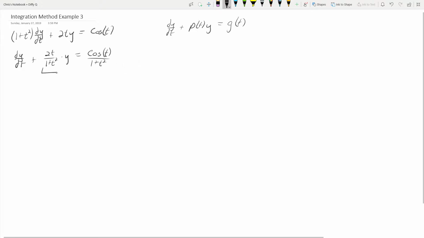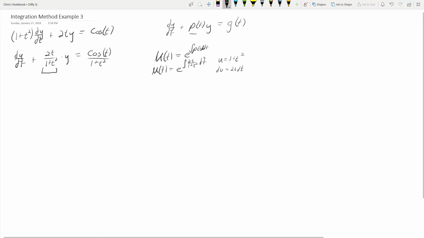So this right here is our p(t), and mu(t) is equal to e to the integral of p(t) dt. So we're going to plug that in, this whole little bit. And then we're going to use u substitution to do this. u is equal to 1 plus t squared, du is equal to 2t dt.